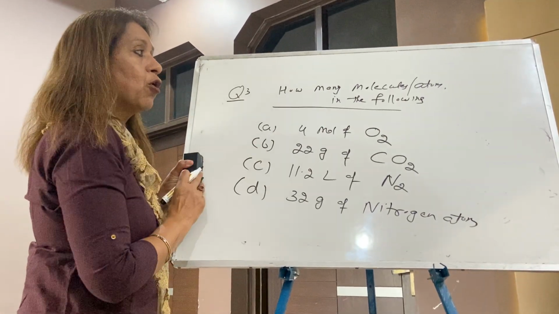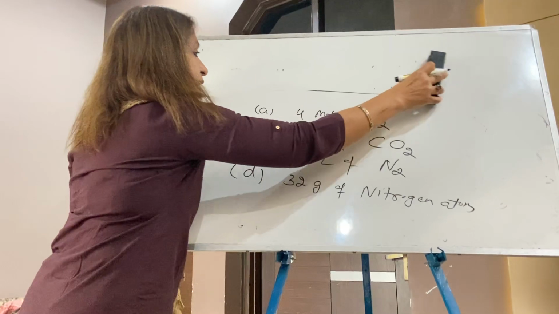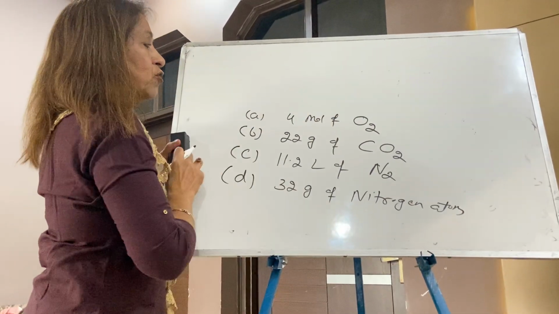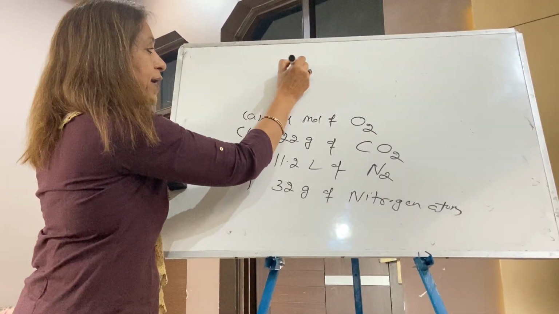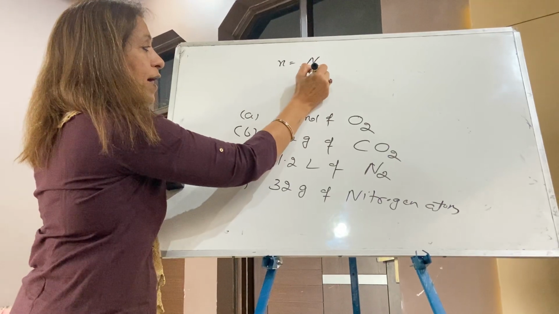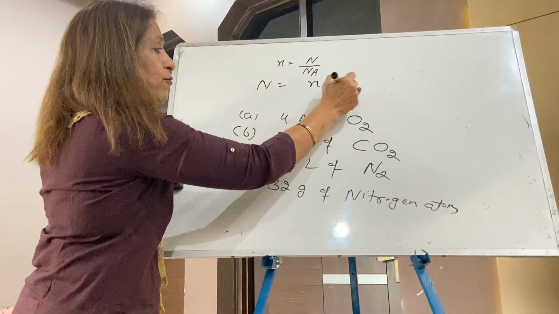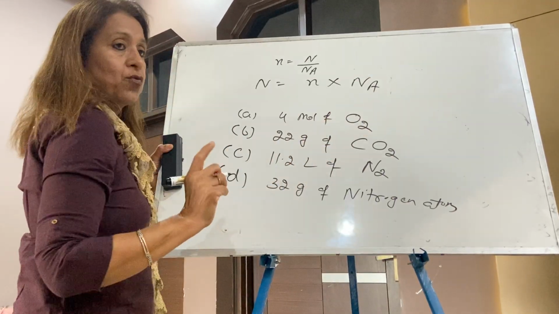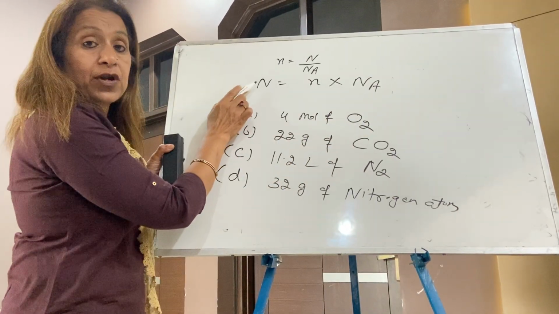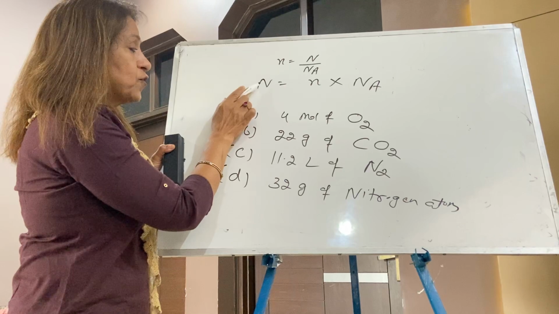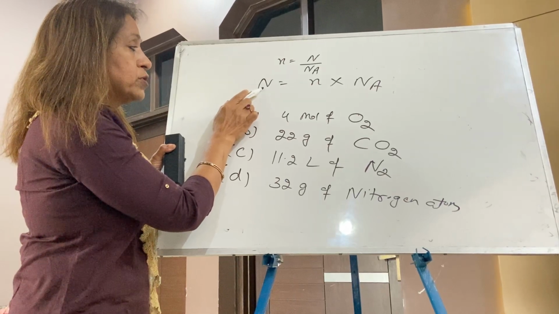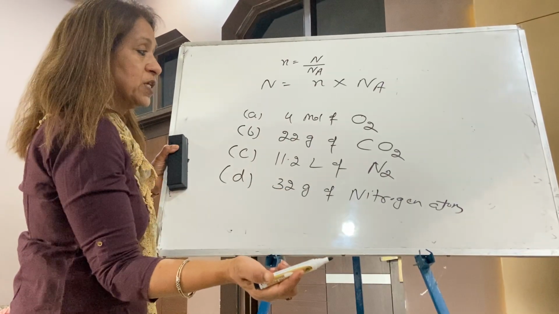Let us start calculating one by one. The question is how many molecules and atoms in the following. You will apply the formula now. n is capital N by Avogadro's number, and N is n into Avogadro's number. Write down. What is this N, students? This N stands for atoms or molecules, depending upon whatever your species is.